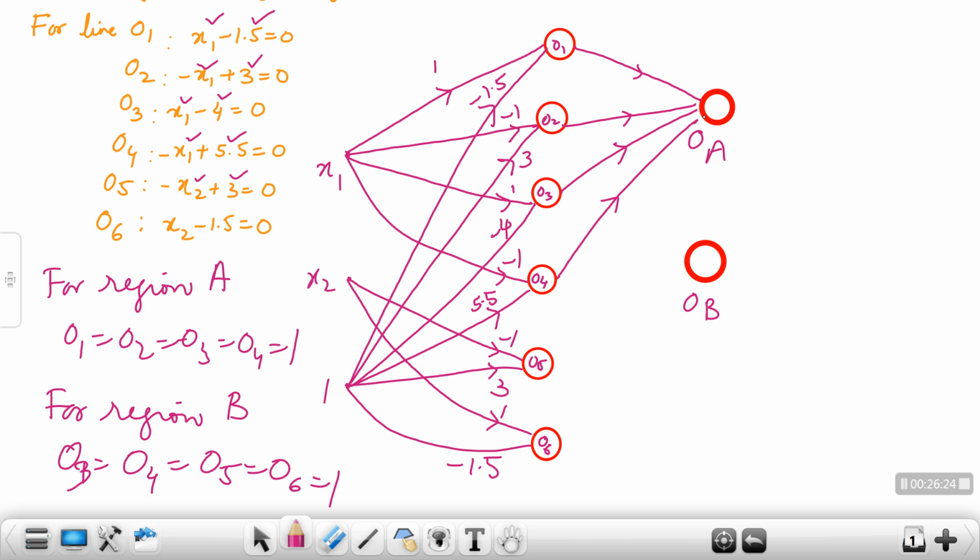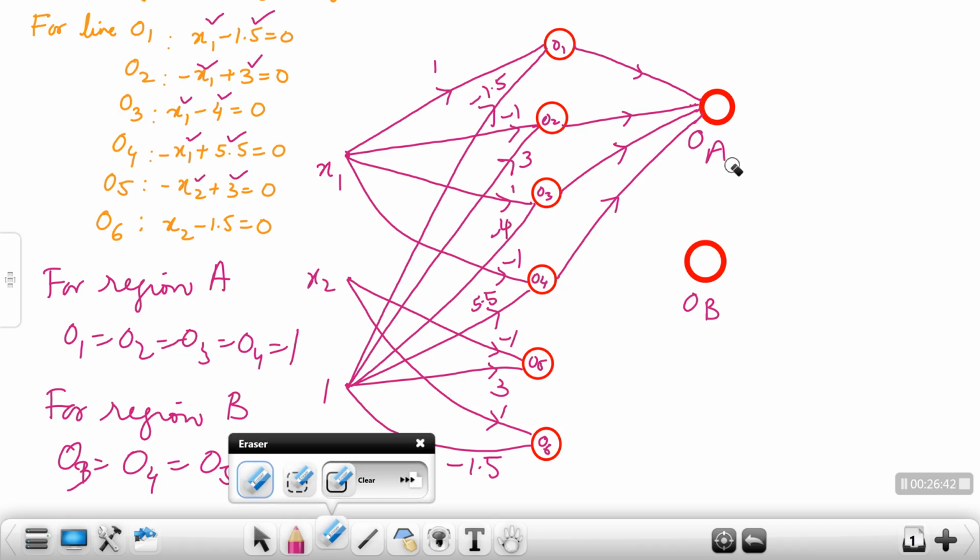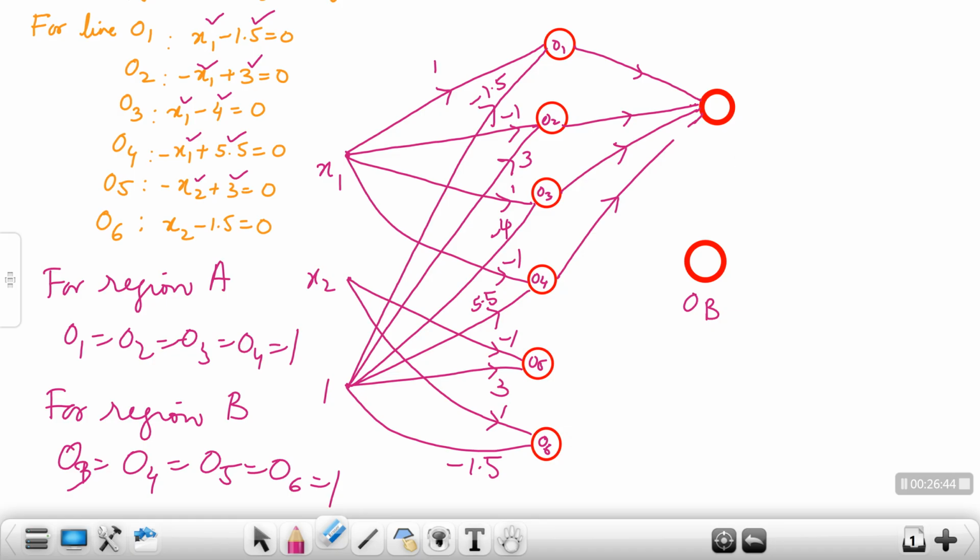And whenever it is an AND gate, what should be the bias? If it is a 3-input AND gate, the bias has to be minus 2.5. But here it is a 4-input AND gate, so the bias is minus 3.5, slightly less than the number of inputs. So that is what we have seen. So I write this name as OA and the bias is minus 3.5.